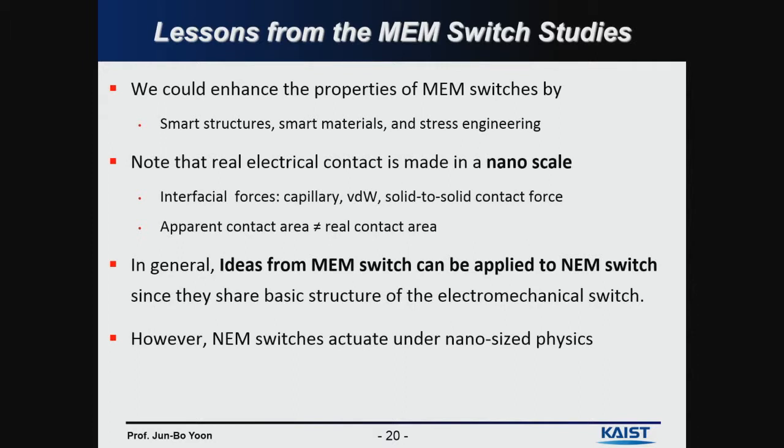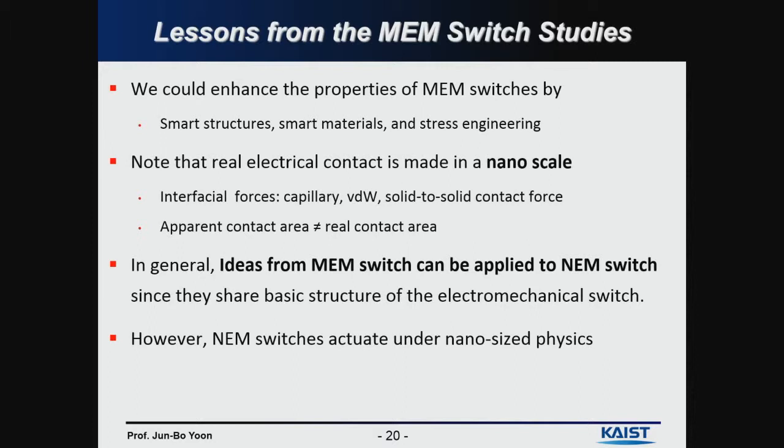But we have to note that the real electrical contact is actually made at the nanoscale. So we have to be careful about any nano physics involved in the contact area. And we also need to know that the apparent contact area is not the same as the real contact area.